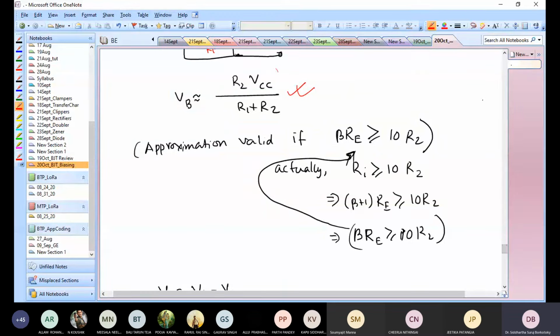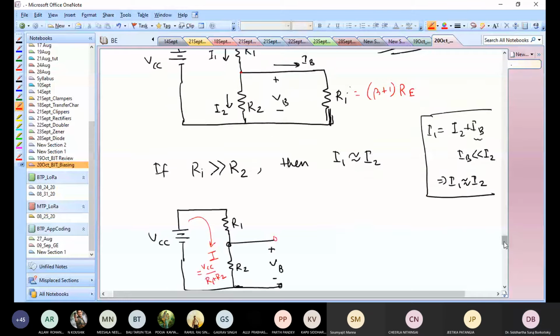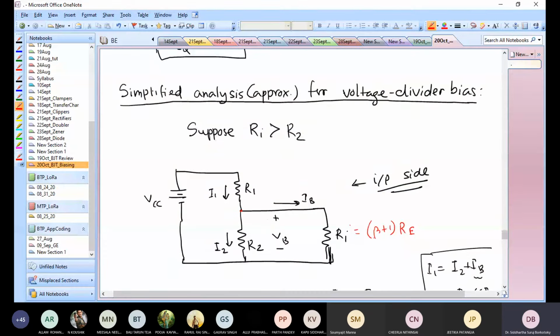But now we have to keep in mind that if you want to make this approximation, we have to first check whether this resistor is indeed much larger than R2. So normally the rule of thumb is that you check whether beta times Re is much larger than R2. Okay, so this is the standard. So in reality, what we want to see is whether Ri is much greater than R2. What we will check is whether Ri is 10 times larger than R2, right?